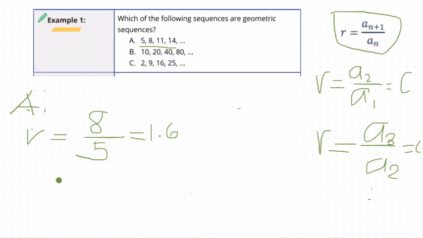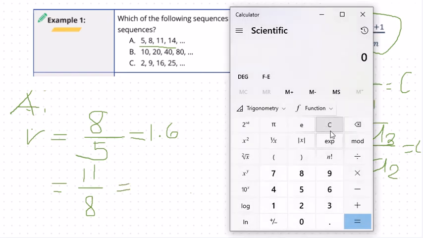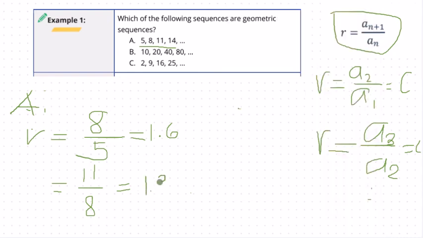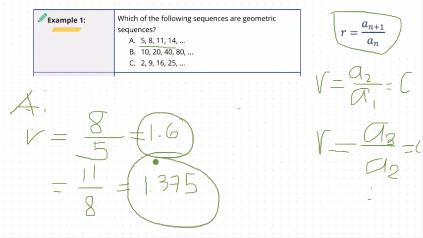Let's try the next: the third term, 11, divided by the second term, 8. We'll see if it is the same. 11 divided by 8 is 1.375, which means they are not the same, they are not common. So we can conclude that letter A is not a geometric sequence.